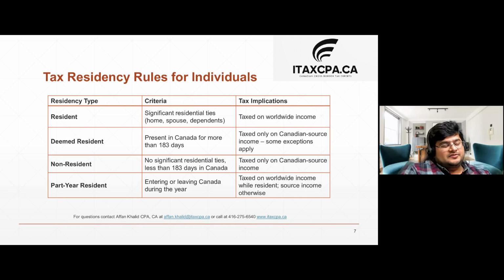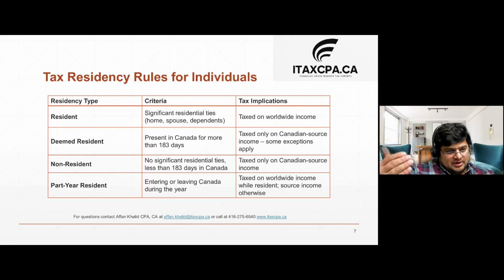Now, a few things will happen. First of all, any waivers that the US company has applied for, payroll waivers, will become invalid, right? Because you have exceeded the 183-day mark. The waivers are only valid if your employees are staying in Canada for less than 183 days. Otherwise, under the treaty, the employee becomes taxable.